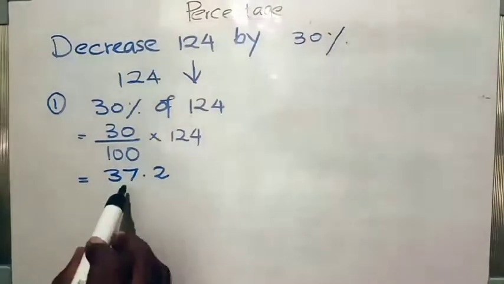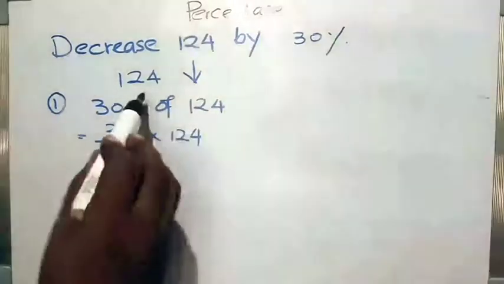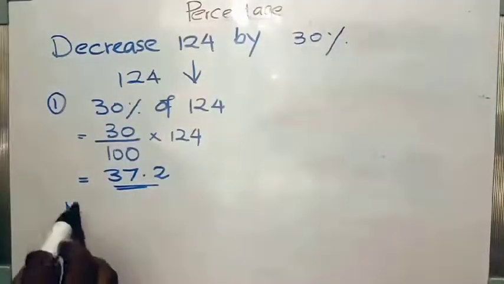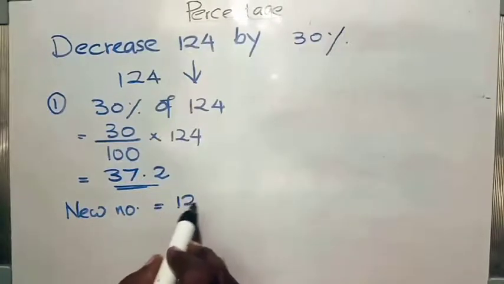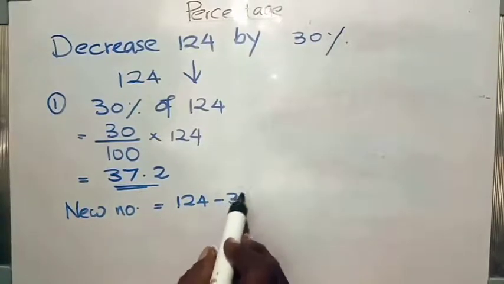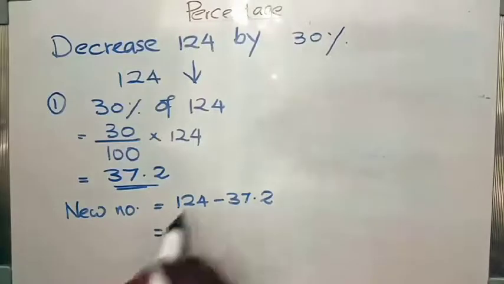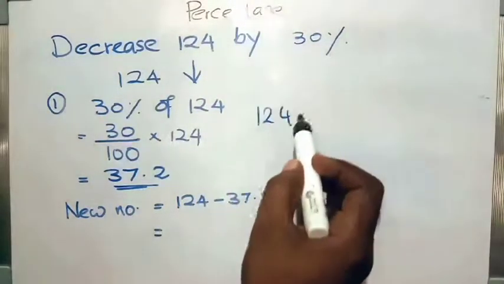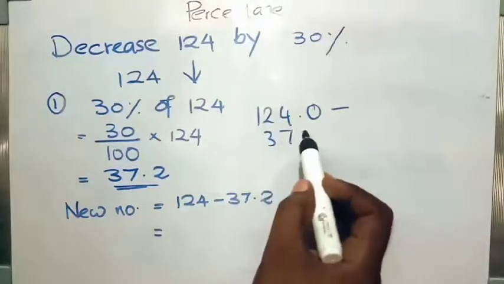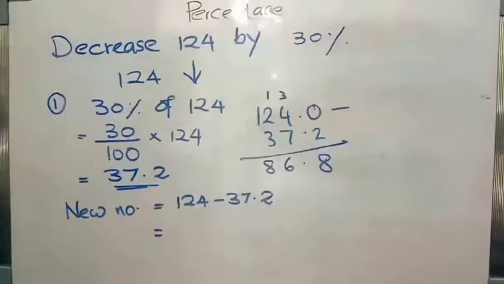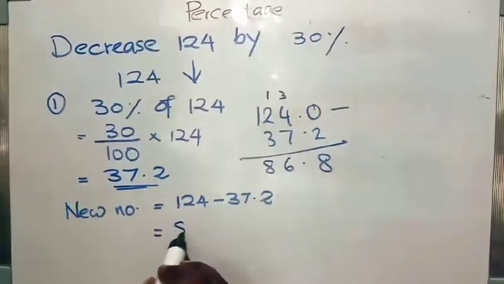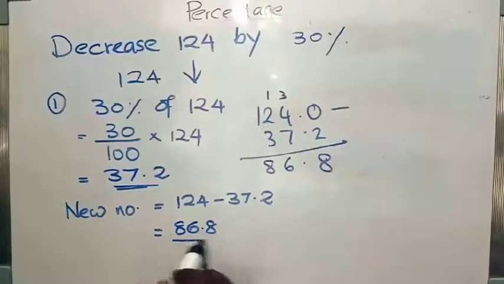Okay, so this much value you have to decrease from 124, so that the new number is 124 minus 37.2. Do the subtraction, we get the answer as 86.8.